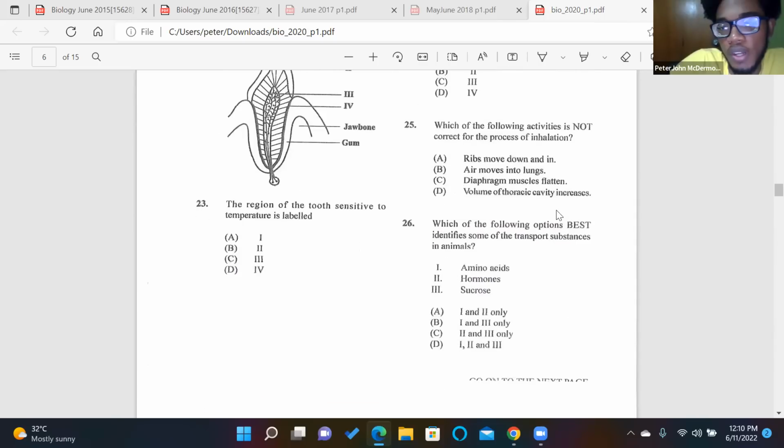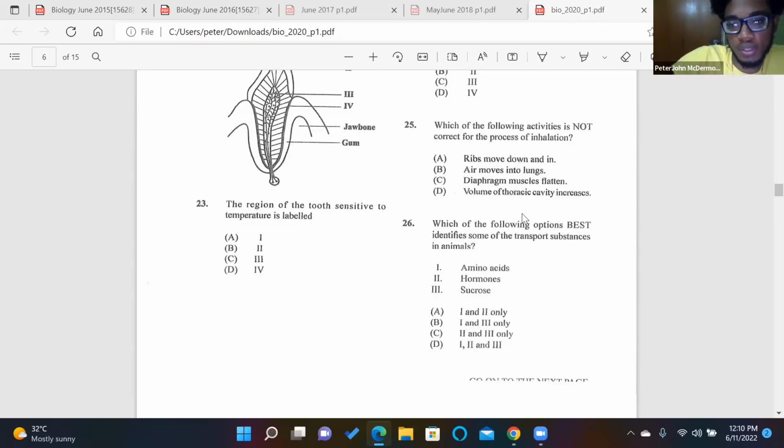Which of the following activities is not correct for the process of inhalation? C. All right, guys, let's think about it.